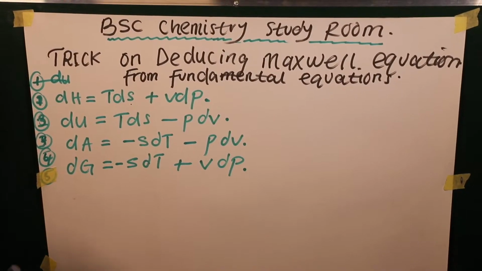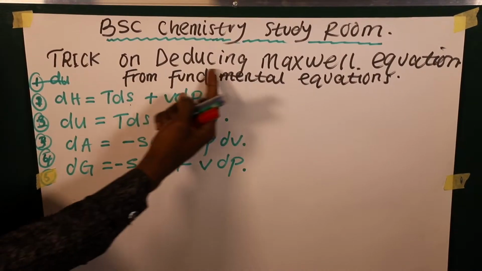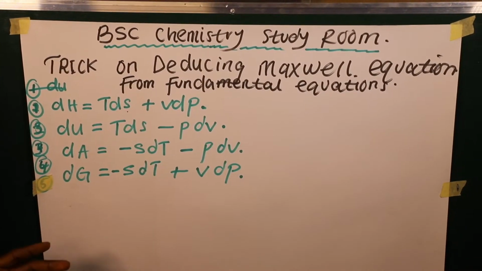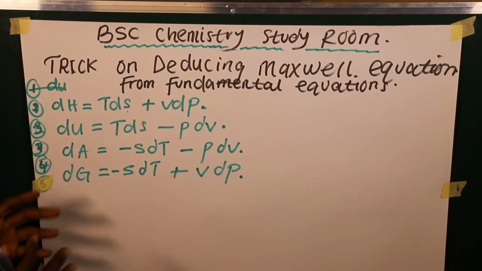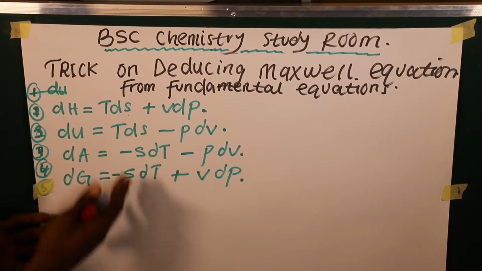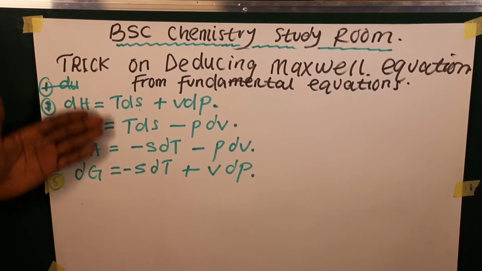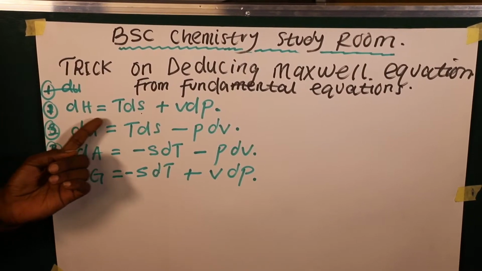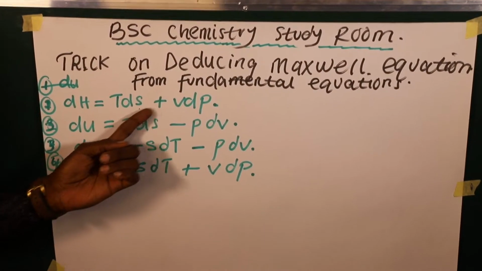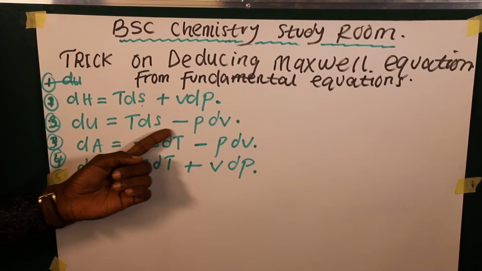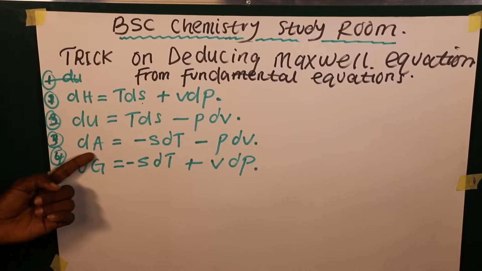So today in this video, I'm going to show you a trick on deducing Maxwell equations from fundamental equations. These are the four fundamental thermodynamic equations that we have. Number 1 says dH is equal to TdS plus VdP. Number 2 says dU is equal to TdS minus PdV.